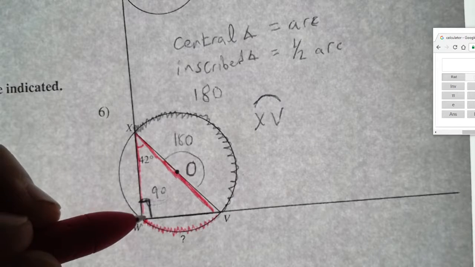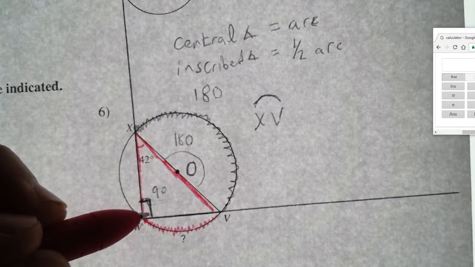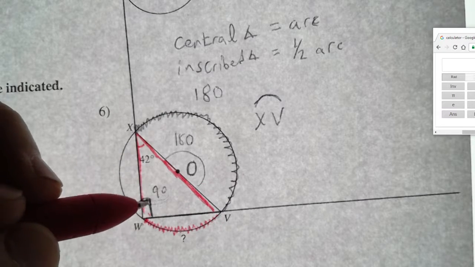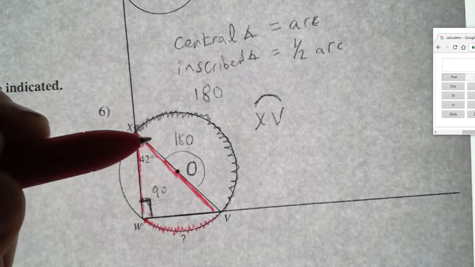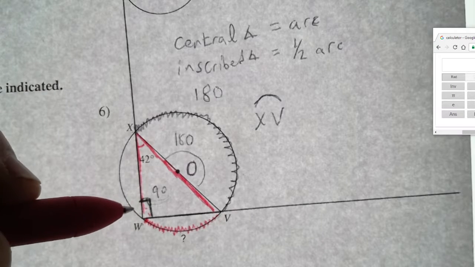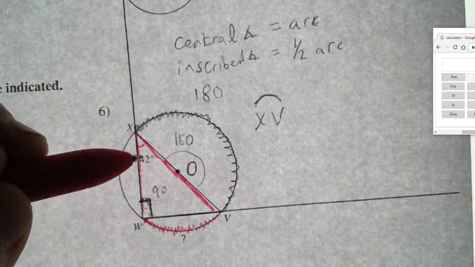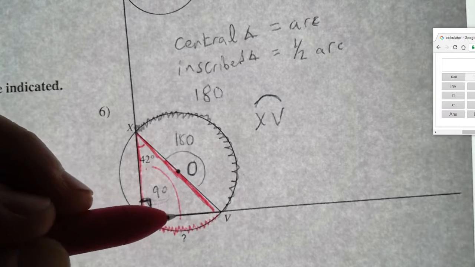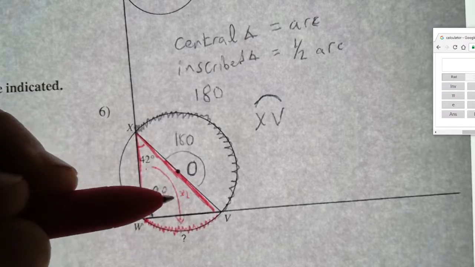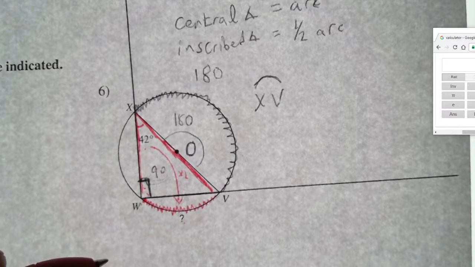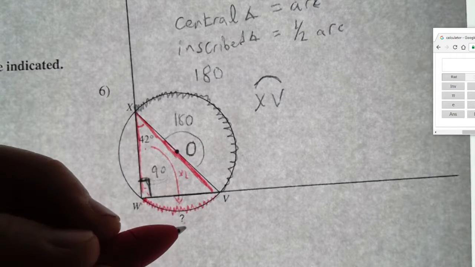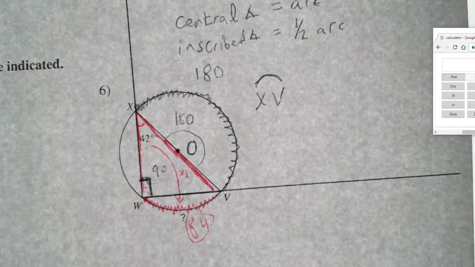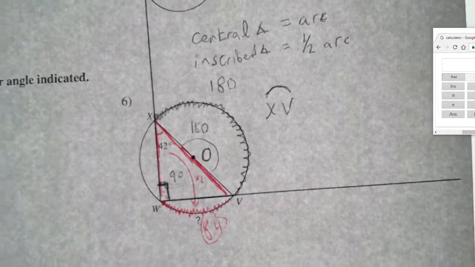From what we saw before, my inscribed angle is half of the arc that it hits. So here the arc was 180 and my inscribed angle was 90. I'm just doing it the opposite way now. My inscribed angle is 42, so I'm going to need to multiply by 2 to figure out what my arc will be. So I can do 42 times 2, which will be 84. Easy as that.